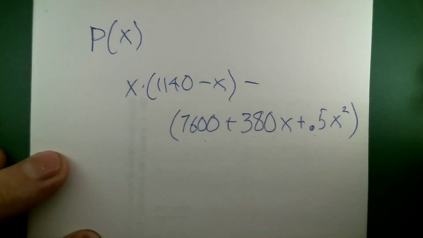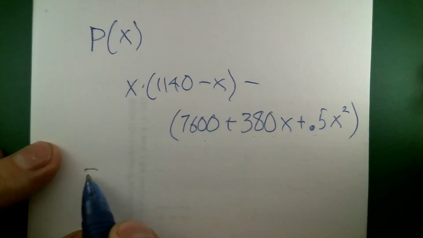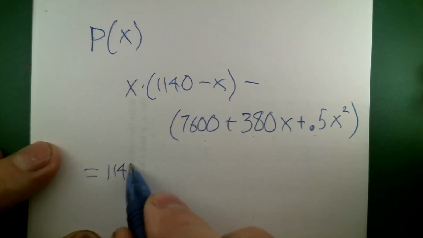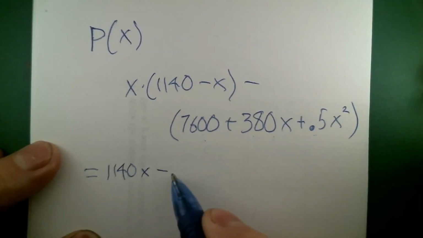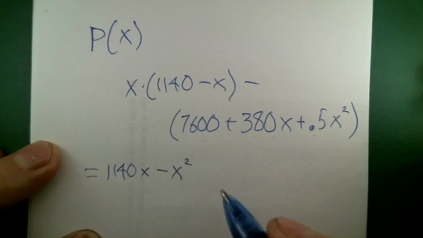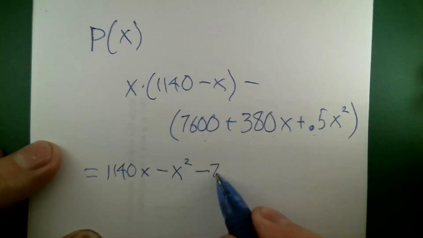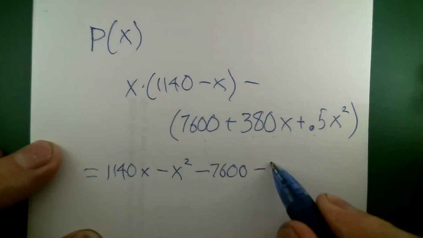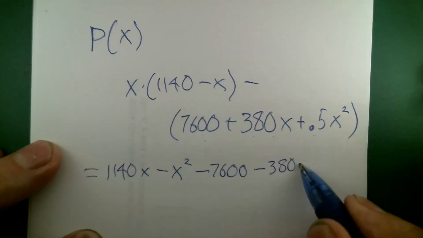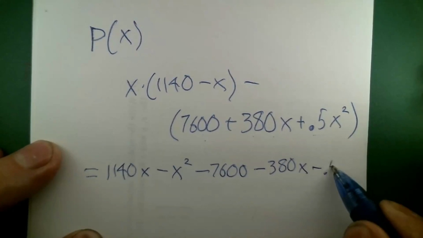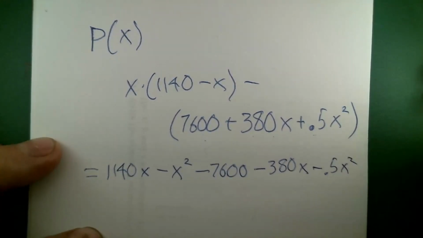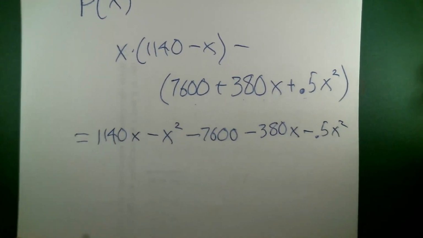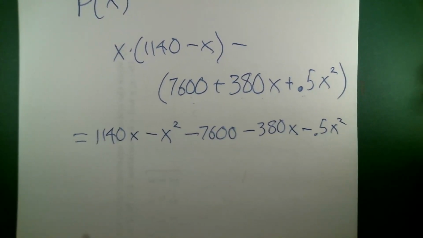All right, so if I try to simplify all of this, I have 1140x minus x squared. Watch out, all the remaining things are negative, or subtracted. So 7,600 minus 380x, and then minus 0.5x squared. That all should be simplified. We should combine the like terms.